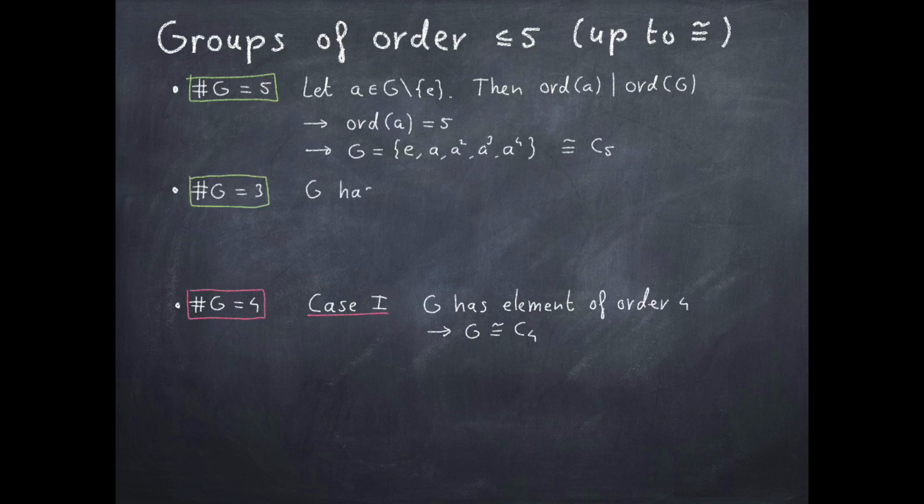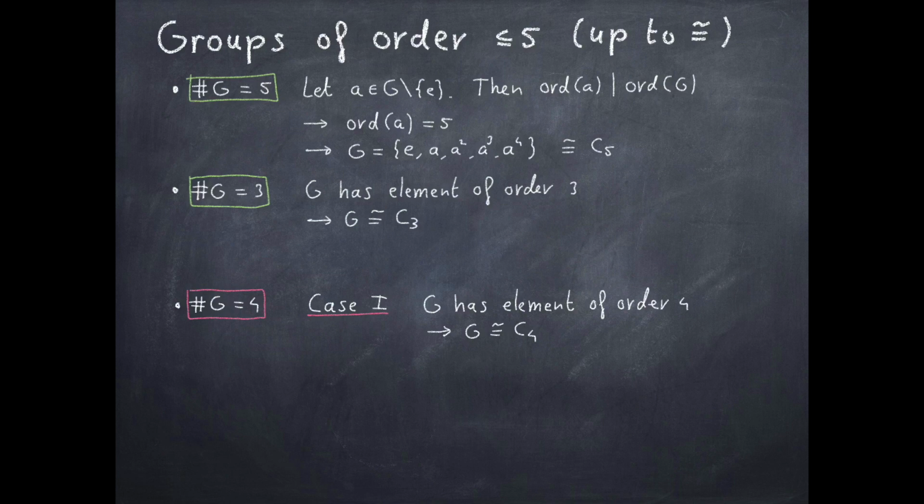Next, consider the groups of order 3. Again, we pick an element a that is not the identity element. Then by Lagrange, the order of this element must be a divisor of 3, but not equal to 1. So the order of this element is 3. And we see that G consists of the powers a to the power 0, a to the power 1, and a squared.